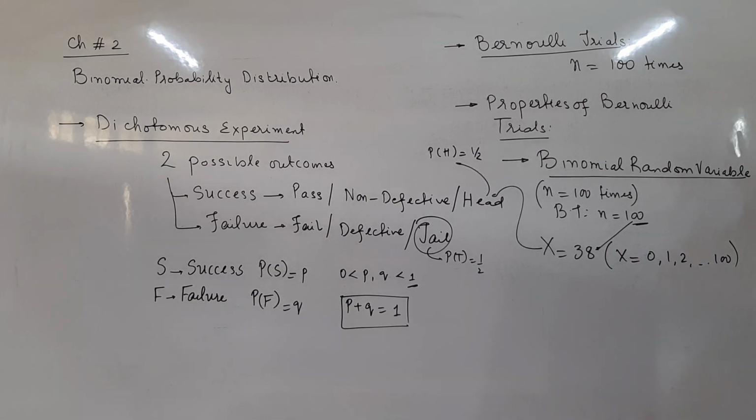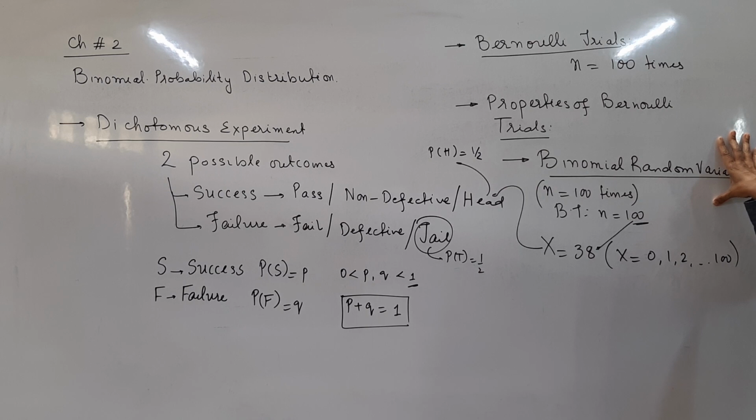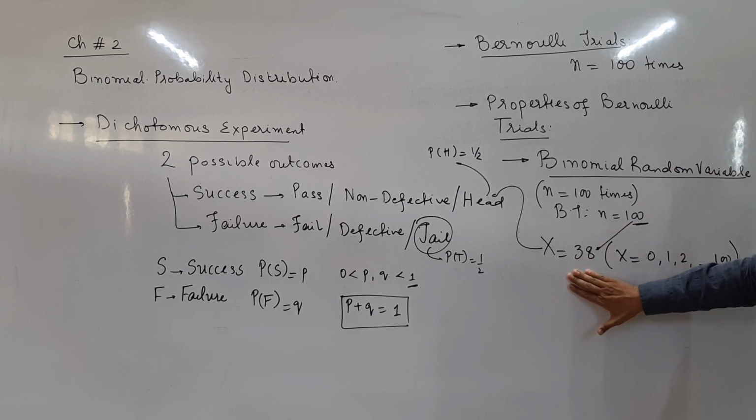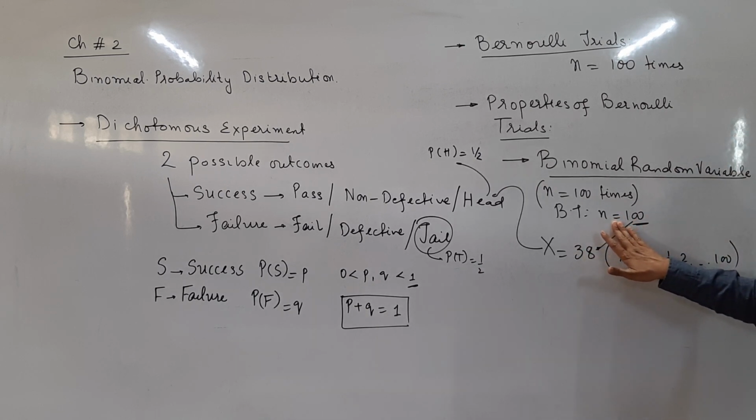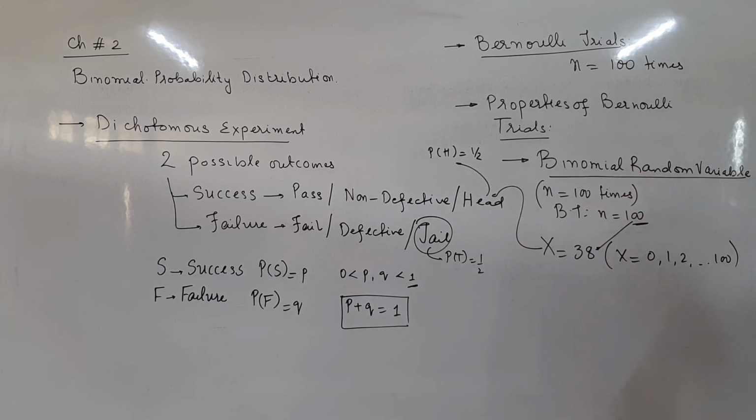So in short, what is the binomial random variable? The random variable x denoting the number of successes in n Bernoulli trials is called a binomial random variable.